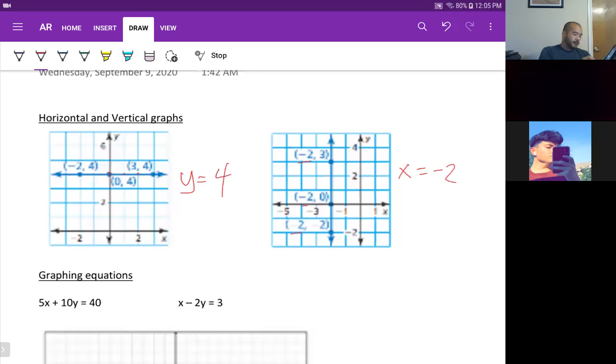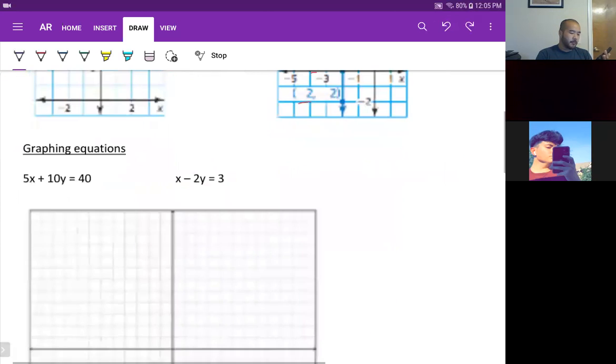So hypothetically here, if you took this out of this equation, that would be a vertical line. Conversely, if you took this one out, this would be a horizontal line.